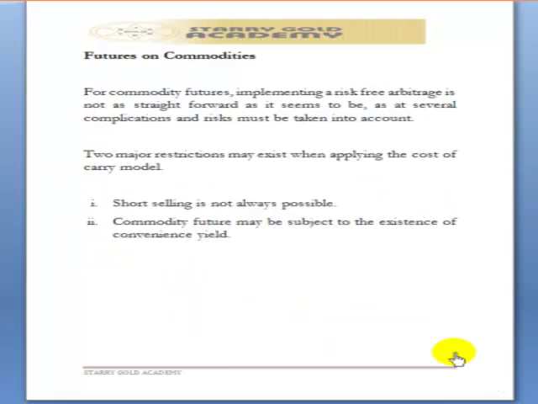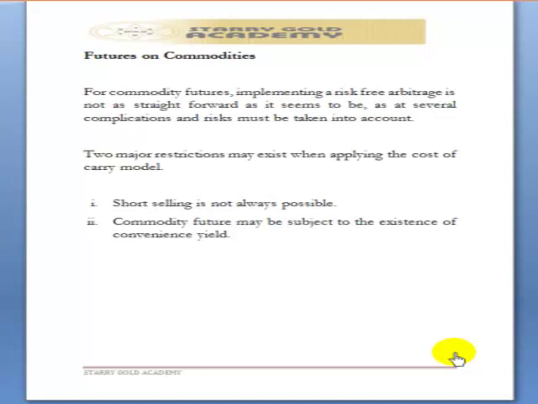But when we are talking of futures on commodity, the futures we have been doing so far are on financial assets, either stock or bond. For commodity futures, implementing a risk-free arbitrage is not as straightforward as it seems, as several complications and risks must be taken into account.